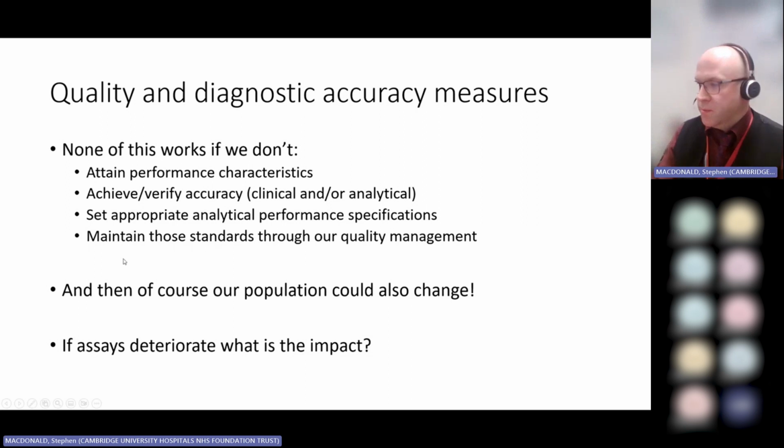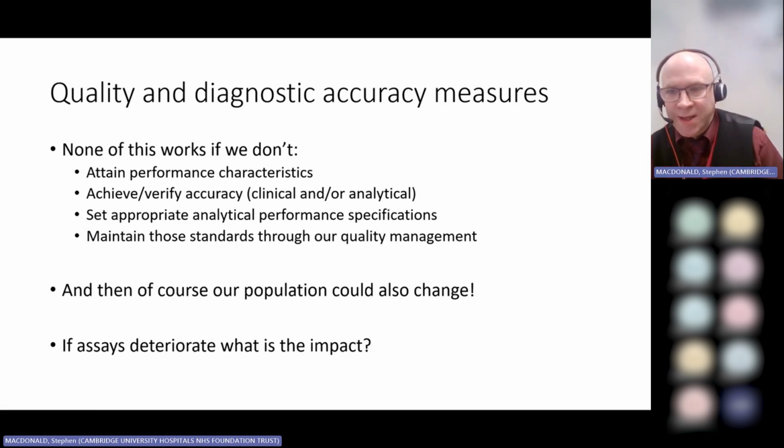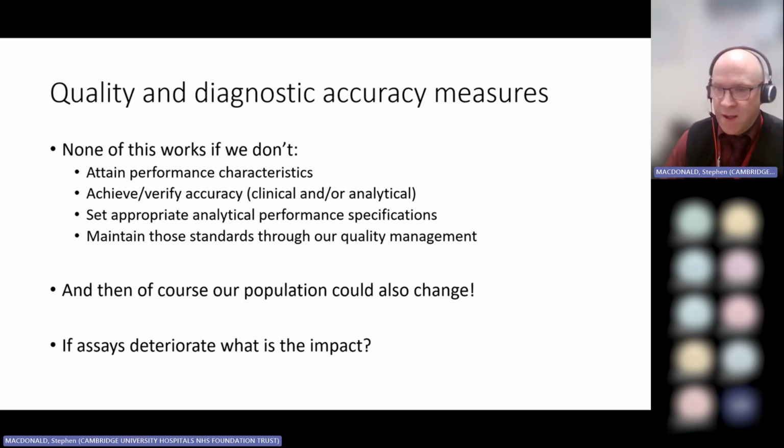maintaining that through our quality management. But of course, we've got to remember that our population could change. And if the population does change, then of course the performance and the clinical utility of the test changes, and therefore the interpretation of the result changes as well. And we saw this during COVID, that a positive result at the start of COVID meant something different than a positive result at the peak of COVID, meant something very, very different from a positive result when COVID was on the way down, because the likelihood of a positive result being from somebody with COVID was highly likely at the peak of COVID.